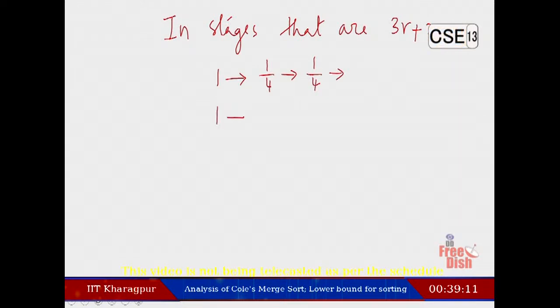Therefore, if you consider the parent, when both the children are put together, first we will have half, then 1/8, then 1/8, and so on.